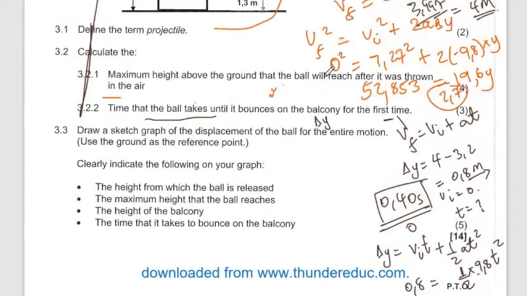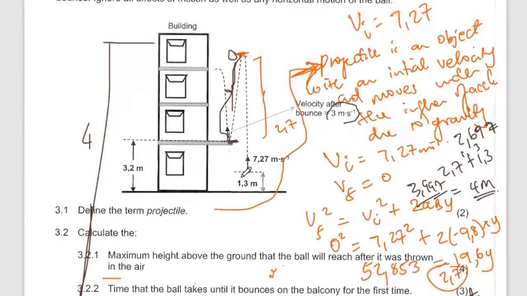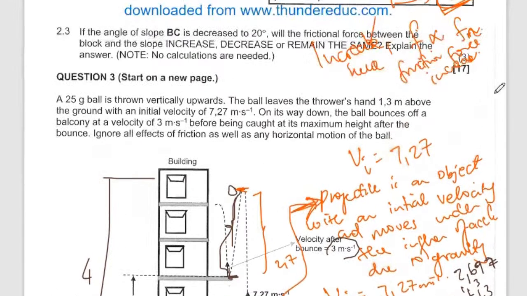And we need the time from the point of projection to the maximum. Use that final velocity is equal to the initial plus at. So this final is 0. Initial is 1.3, now minus 9.8 t.